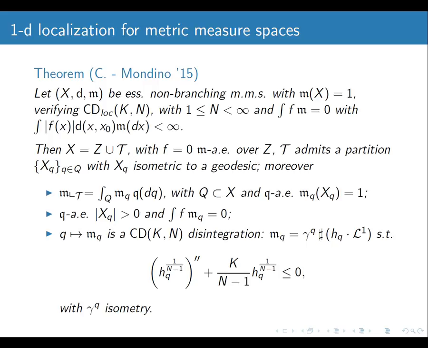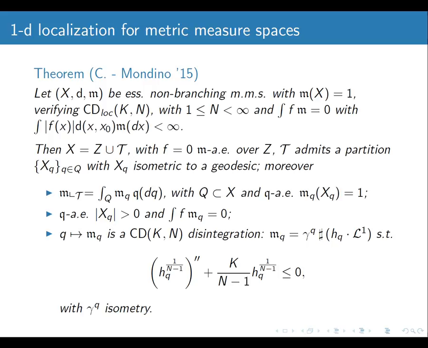So there exists this partition denoted with the X_q, where each of these X_q is a geodesic, and again we have this localization of the measure, so it's called a disintegration. So the measure m can be reconstructed by summing over all these small contributions m_q, and each of these m_q is just concentrated on each of these rays. Still, we know that on almost every ray the constraint is preserved, and along almost every ray also the curvature is preserved.